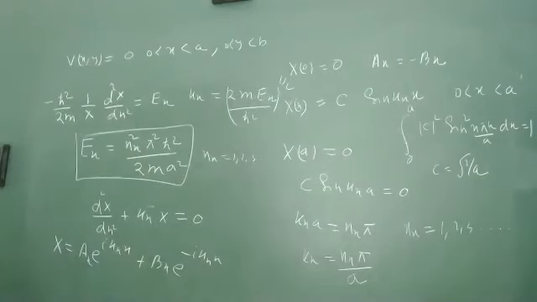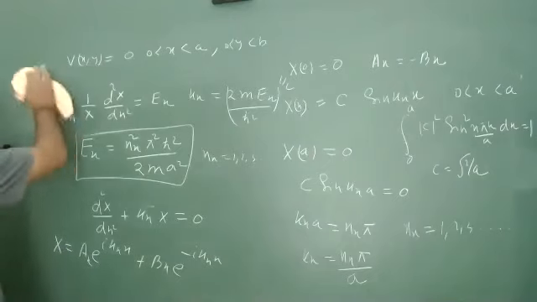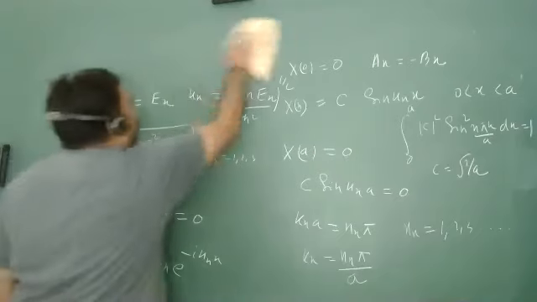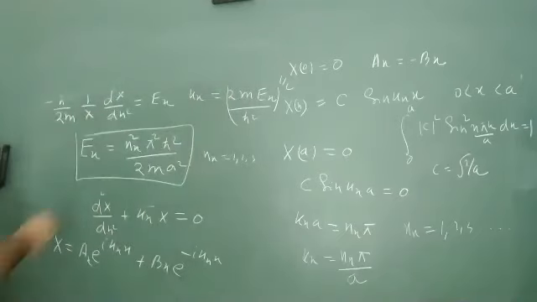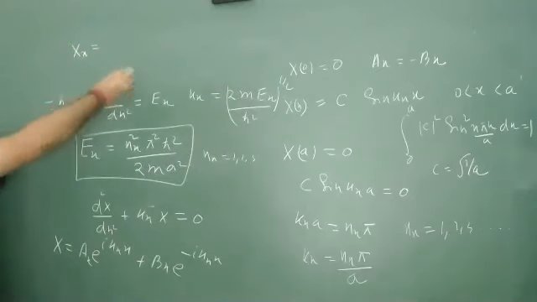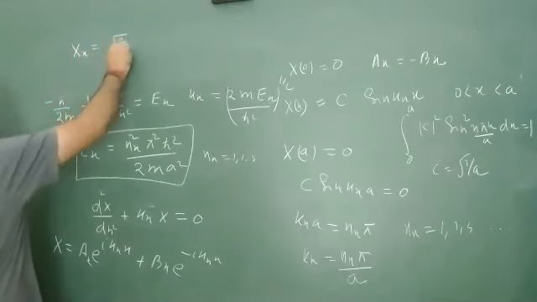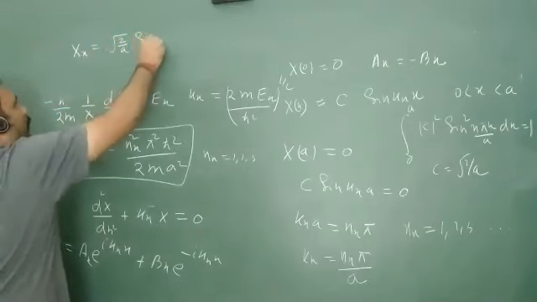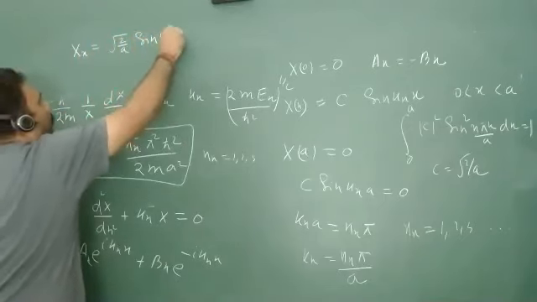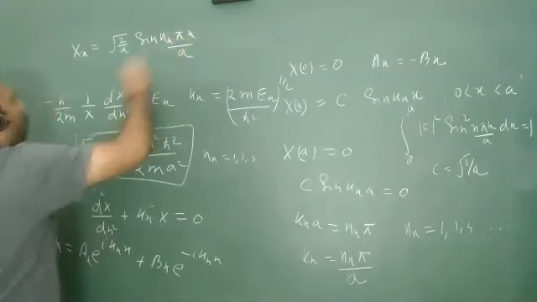So what is the x part? The x part is, I can write here, ψx is equal to root 2 upon a sine nx pi x upon a.